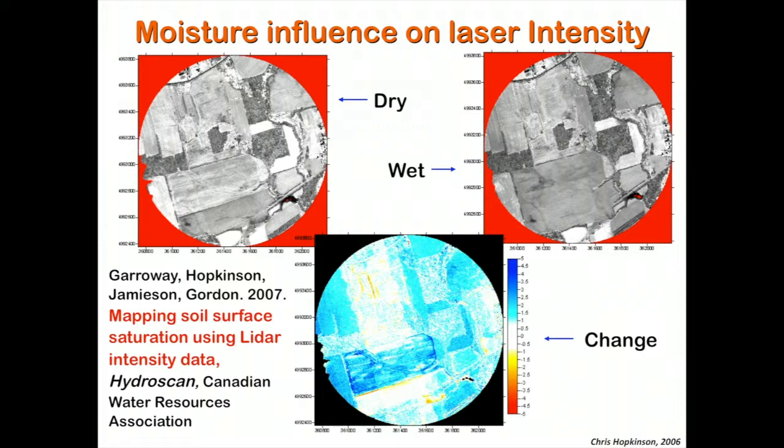And if we look at the same field over here, this is when it was wet, and there is some kind of patterning in there associated with the moisture patterns. Now, I'm not suggesting that the intensity is a really good index of soil moisture. We did a study on this, and we suggested, well, no, we can't map soil moisture with intensity, but soil moisture does impact intensity, so it's something to bear in mind.